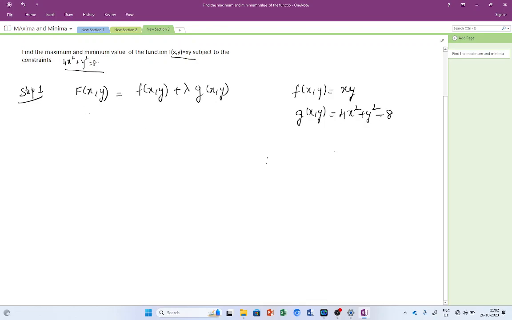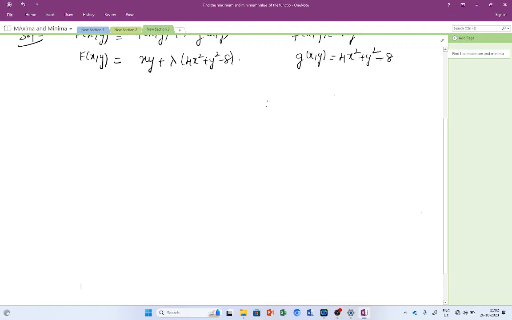So capital F(x, y) is nothing but xy plus lambda into (4x square plus y square minus 8). Next I'll just bring lambda inside. So it will be lambda 4x square plus lambda y square minus 8 lambda. This is my capital F(x, y).